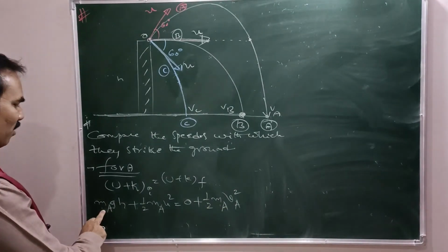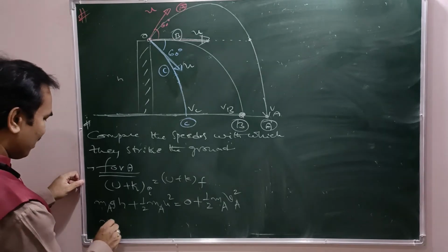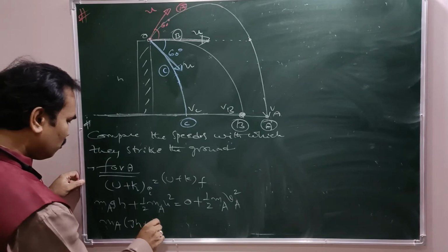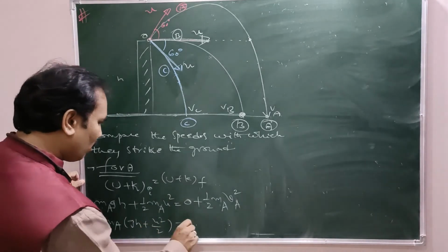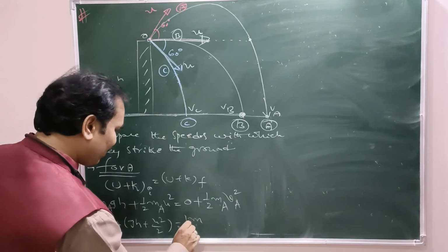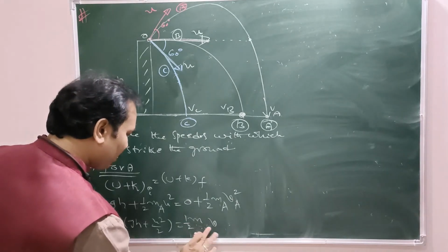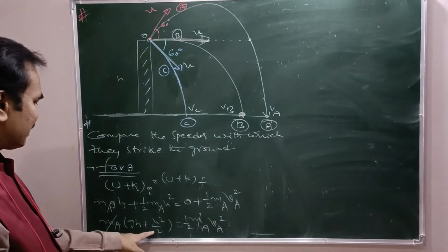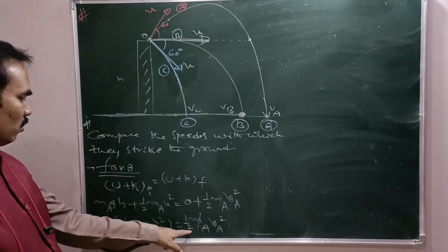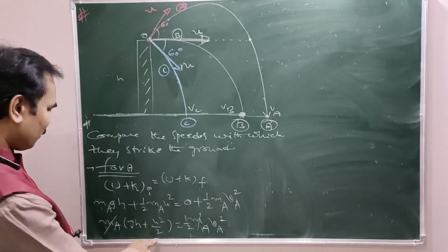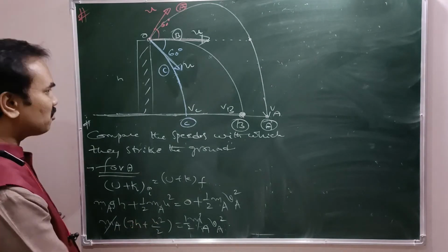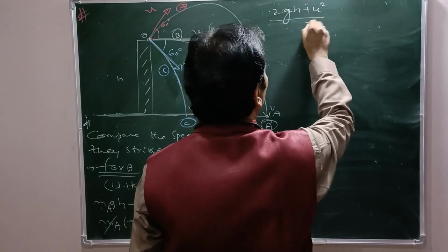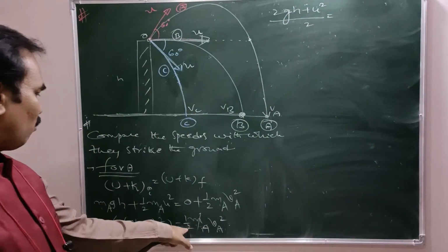So here mA is common. We are left with gh plus U square by 2 equal to half VA square. mA cancels. Take LCM: 2gh plus U square by 2 equal to 1 by 2 VA square.